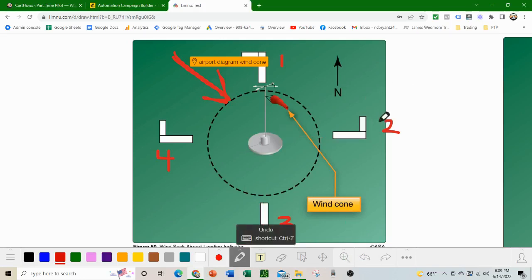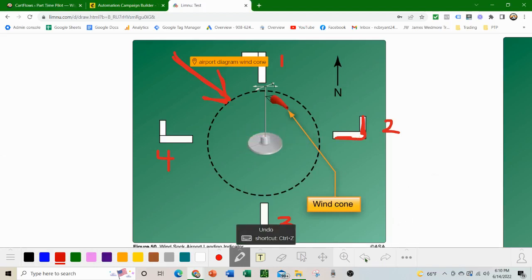So that's what these L shapes are. These L shapes show you your base leg. So for runway 2, right here, it shows you the base leg of the pattern right here, and then the turn to final right here. So this is the final, the long part is the final, and then you would be landing on a runway right here in the direction west.